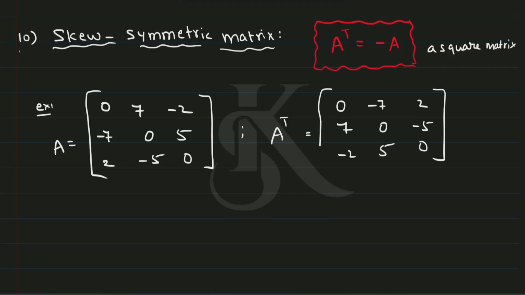Here you will find the values are just reversed, I mean the negative sign is coming here. Observe the things. So A transpose is equal to minus A, I mean the negative of A. That is a skew symmetric matrix.